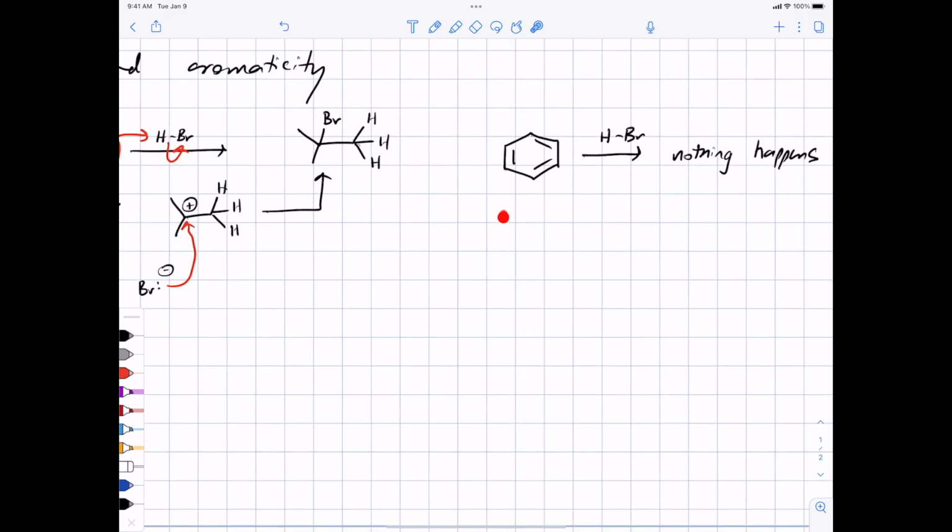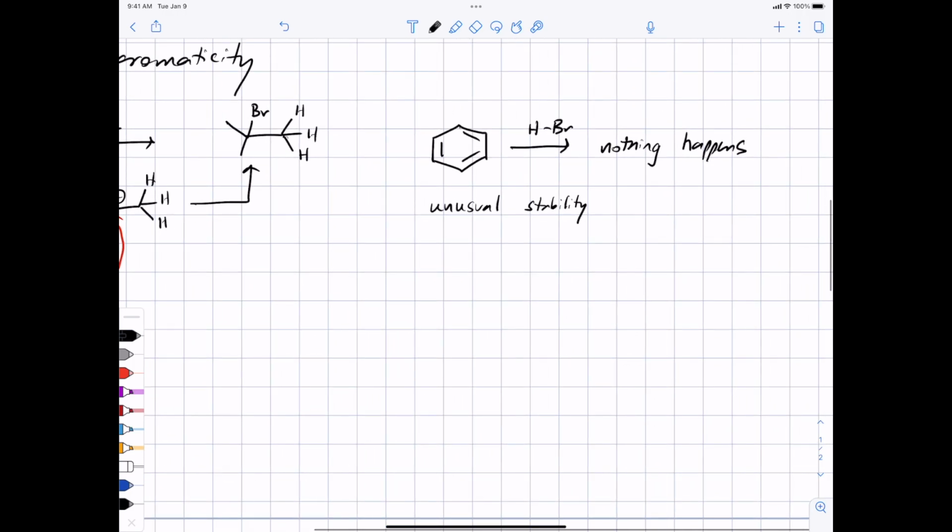So historically, people looked at benzene and said, it's got some kind of unusual stability. That's not what you would expect given the reactivity of a pi bond. Now there's some other things going on with benzene as well.